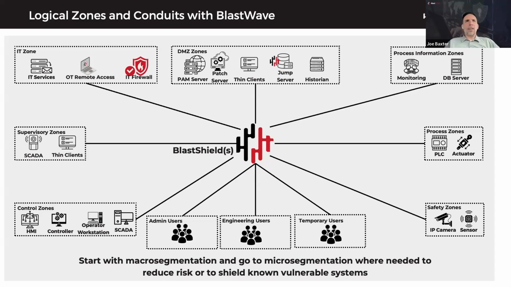So when something is behind a Blast Shield security gateway, it is undiscoverable to the network. It is essentially not there as far as the outside world's perspective. So these things are as separated as they can be. Only authenticated traffic is allowed to go through the security gateway.